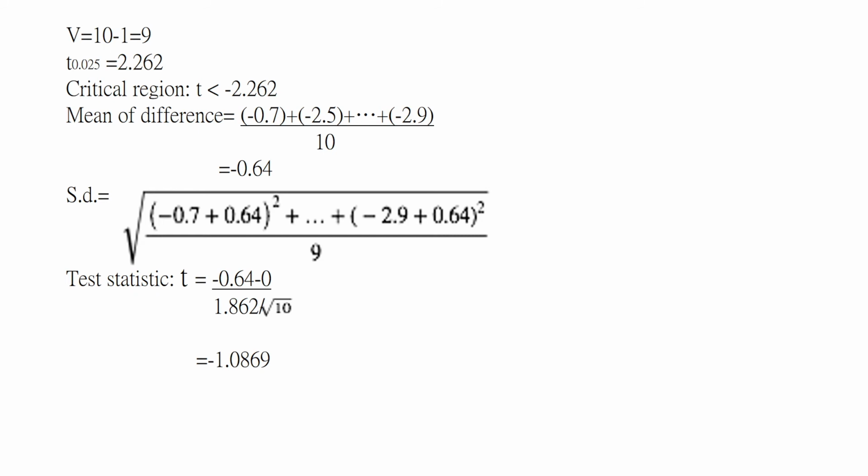The test statistic is t equals negative 0.64 minus 0 over 1.862 over the square root of 10, and the answer is negative 1.0x69.